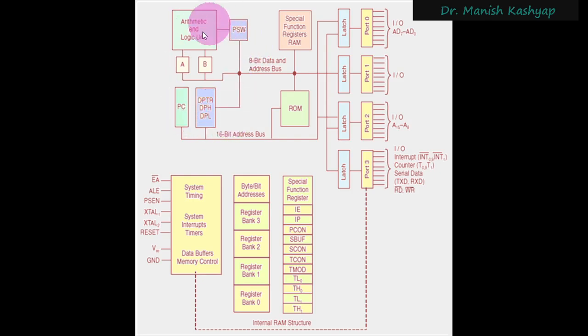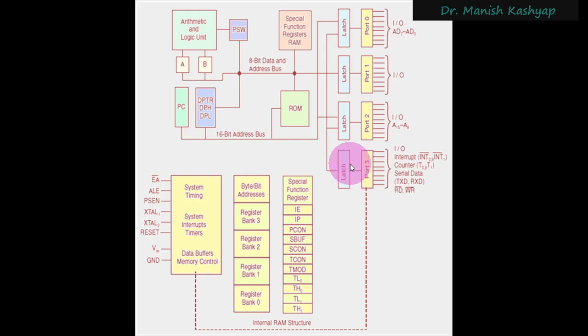This complete thing is your CPU, and then you have the special function register in the RAM. You also have ROM here. You already know the sizes of internal RAM and ROM. Nothing external is interfaced here; this is all internal to the 8051. Then you have ports 0, 1, 2, and 3. They are all 8-bit ports, and they have their corresponding latches.